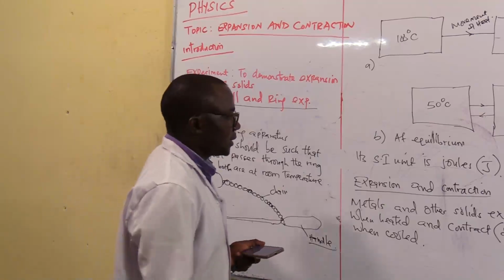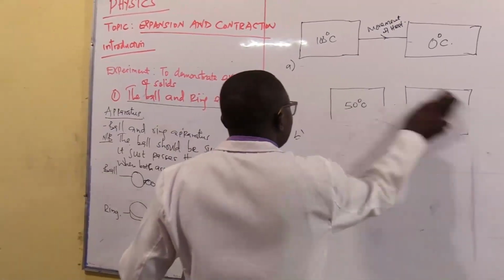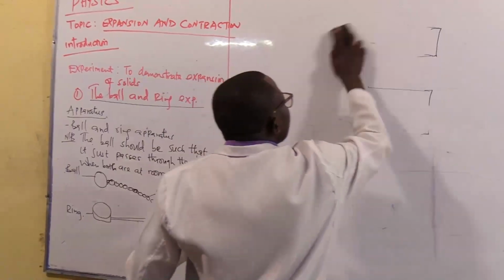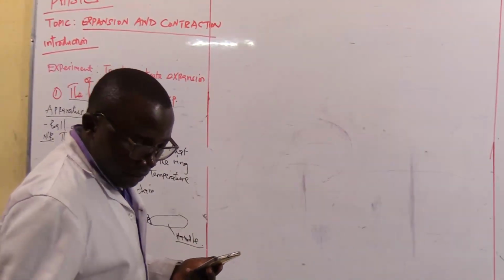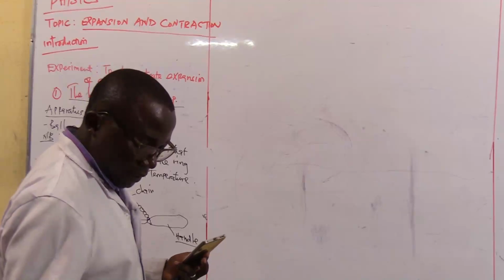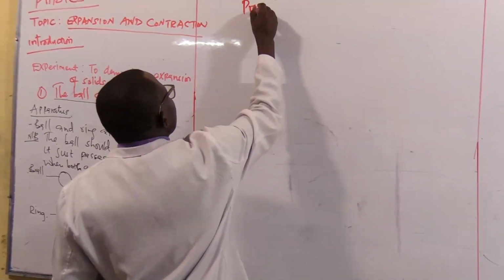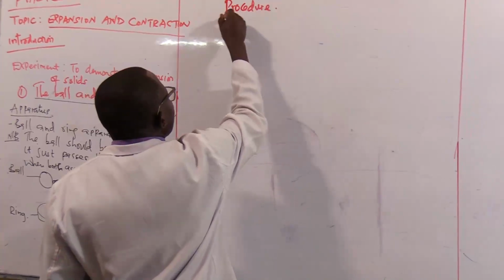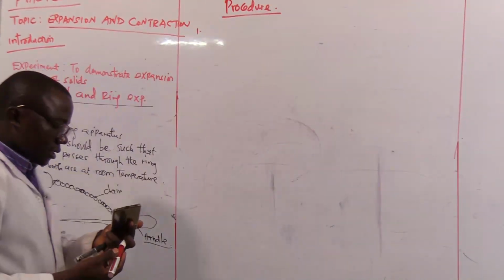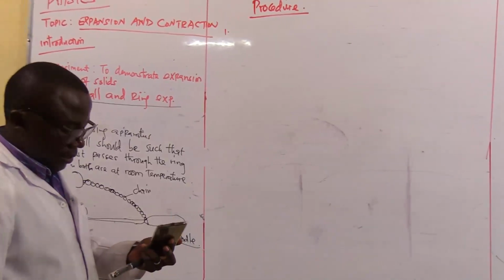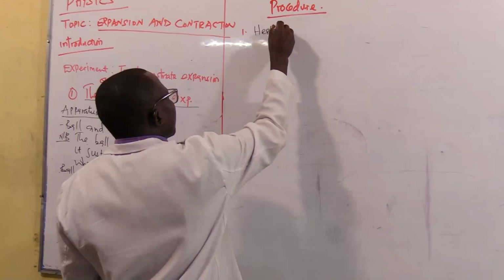Then in the procedure, this is what you're supposed to do. Number one is that you hit the ball.